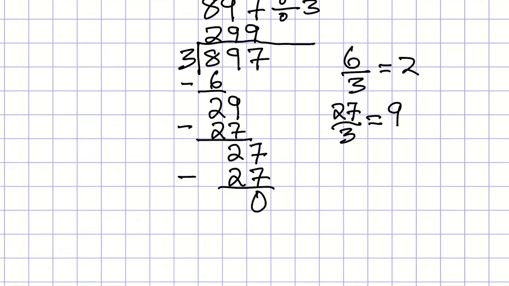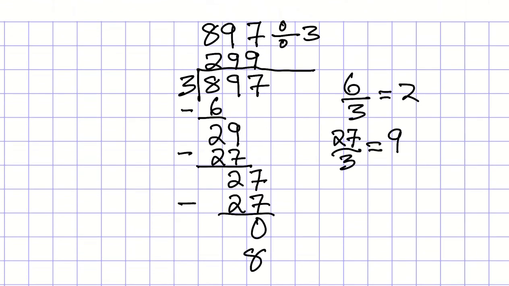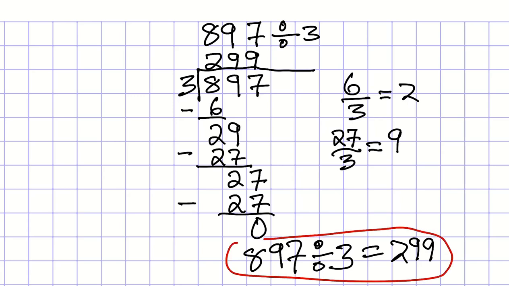There's nothing else to divide. So you say 897 divided by 3 is equal to 299. There's no remainder. You can say remainder 0, but you don't have to. This is the solution there.